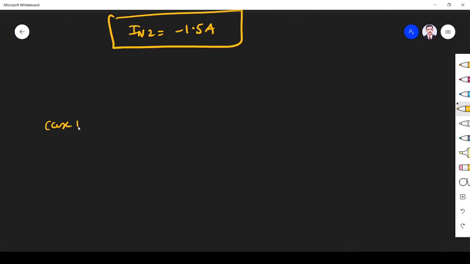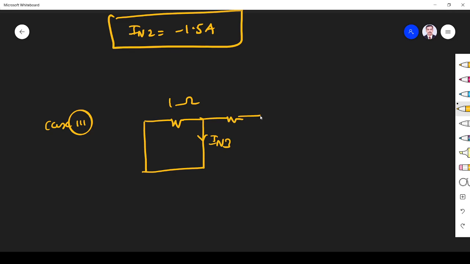Case 3: this 1 ohm will be there, this terminal is shorted, this is IN3, this 1 ohm will be there, and this 1 ohm will be there, and this current source I keep active, this is 1 ampere.